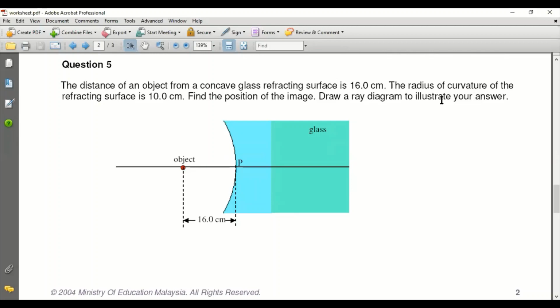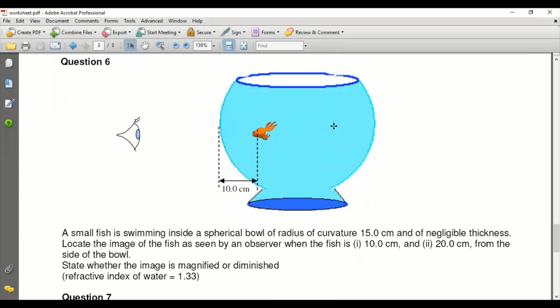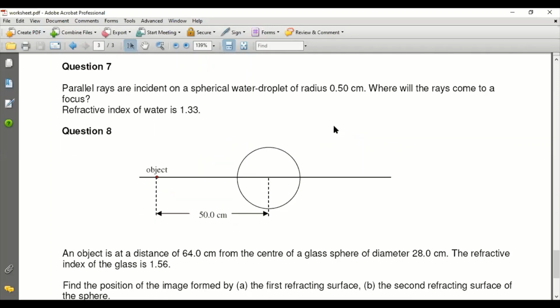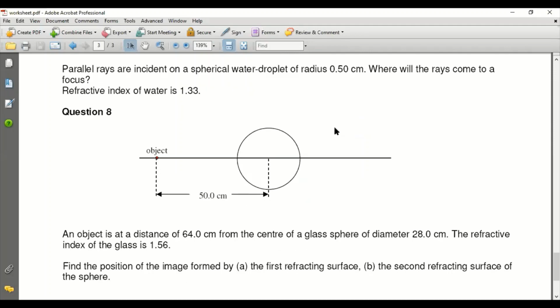Question number 5. Question number 6. Question number 7. Question number 8.